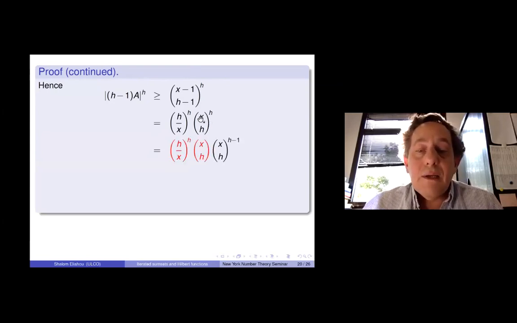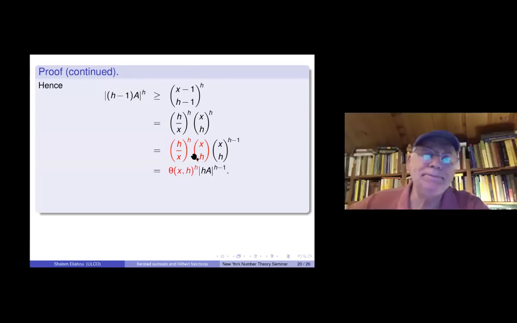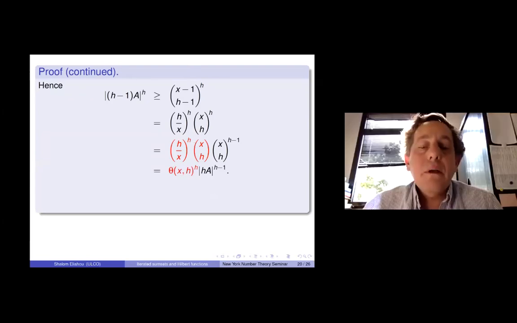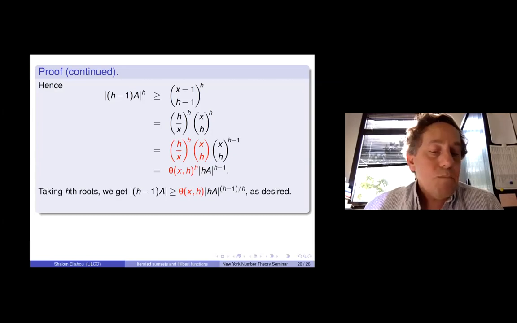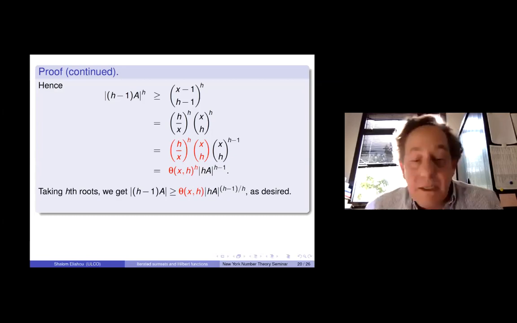Now here we isolate one factor. And now remember, this is theta, in fact, to the power h. This is theta to the power h. And this one, again, is what we started with. And now you take h-th roots and you get exactly what we wanted to get.